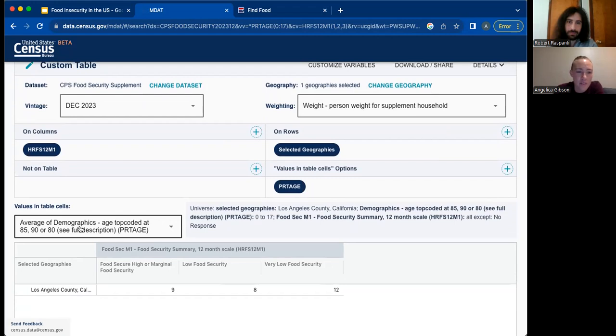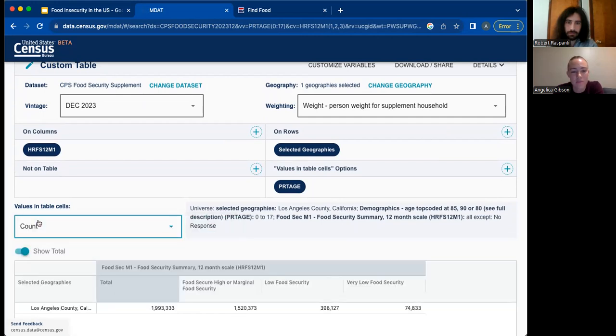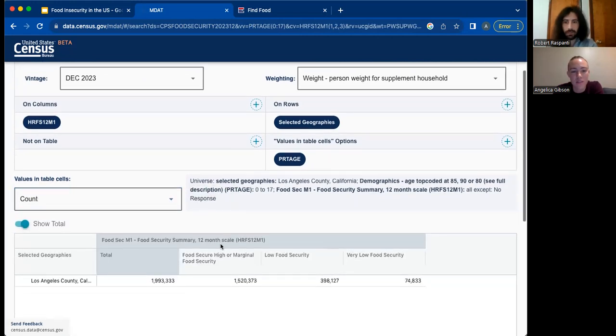Over here you can see it's averaging the age, which we don't want, because the age was only 0 to 17. That's why we're getting like 9. So sometimes you want to double check this, and if we just change it to count, then we've got the number of food insecure children in LA.